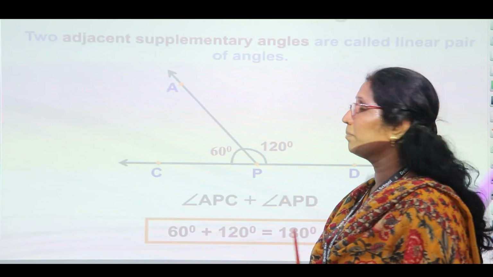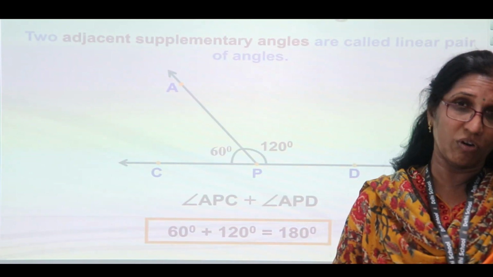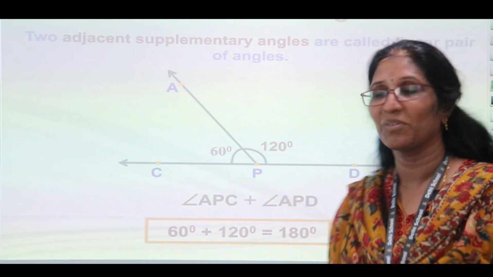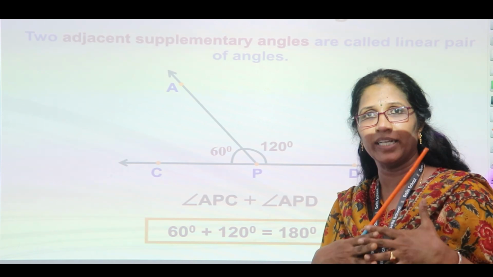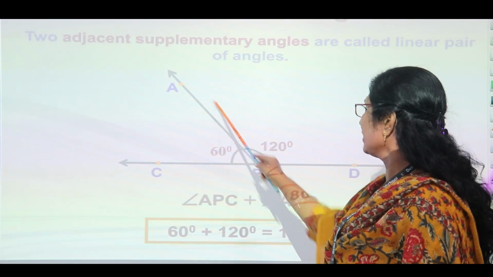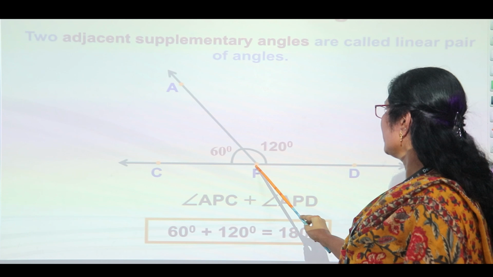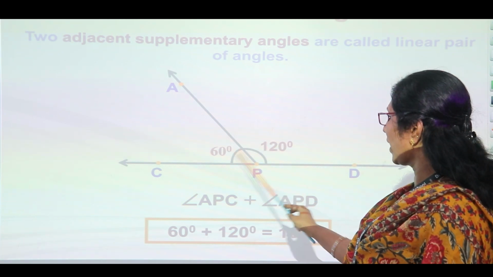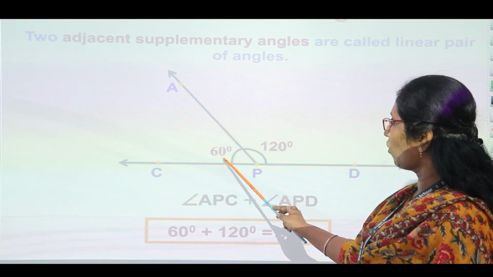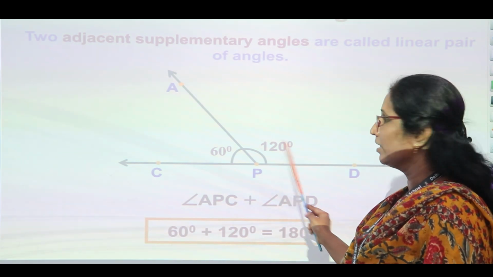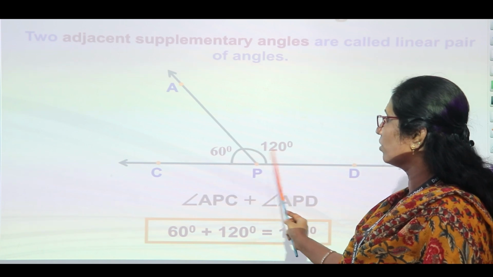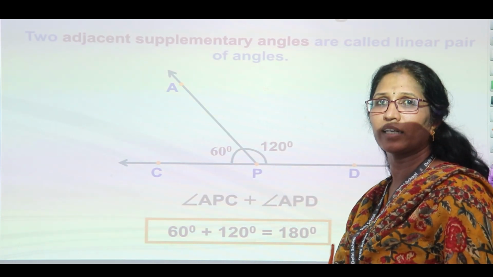Next, linear pair angles. Which angles are called linear pair angles? Here also you can see that we are pairing two angles, one is APC and another is APD, and these two angles are paired to each other forming one side angle 60 degree and the other side angle 120 degree, and we can also call them adjacent angles.